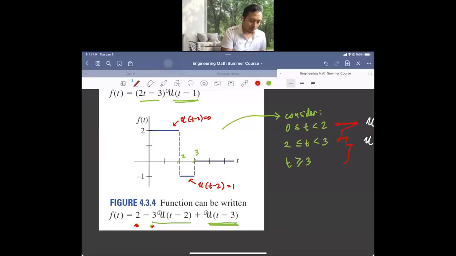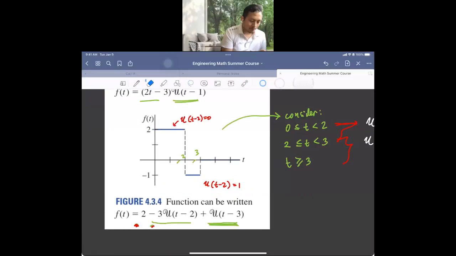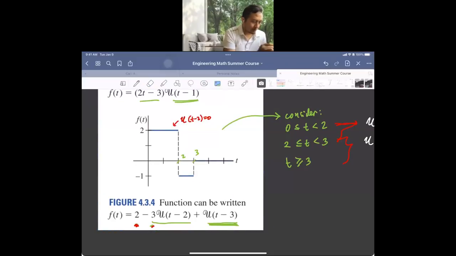And when it is t minus 3, let me just erase this to make it easier to follow. Then write u(t minus 2) and then u(t minus 3). So this is 0 and this is 1, right?